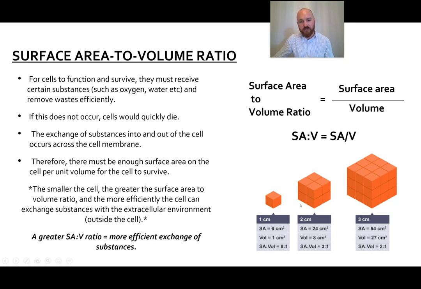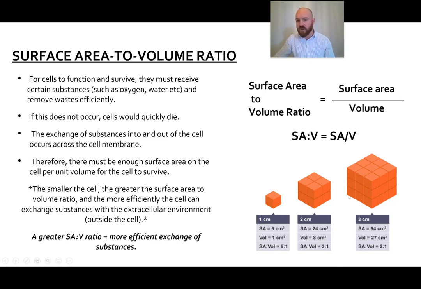Now, if we calculate the volume, it's 2 times 2, which is 4, times 2, which is 8. So our volume is 8 centimeters cubed. So our surface area to volume ratio is 3 to 1, because the surface area is 3 times that of the volume. So now we can see already that there's a significant change in this ratio as we get bigger.